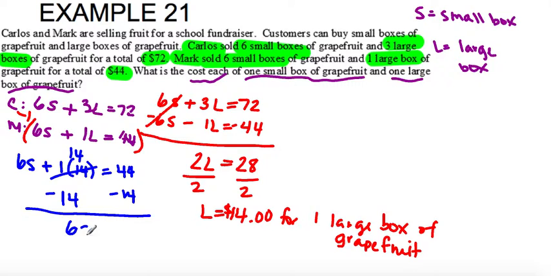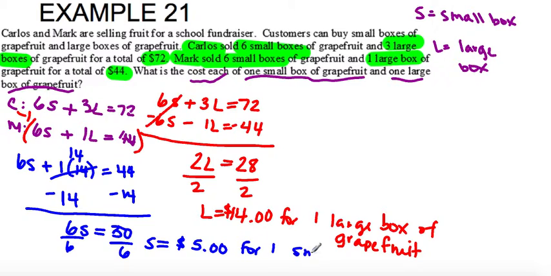So 6S equals 44 minus 14, which is 30. Divide by 6. So the cost for 1 small box is $5. Right, and those are your 2 answers.